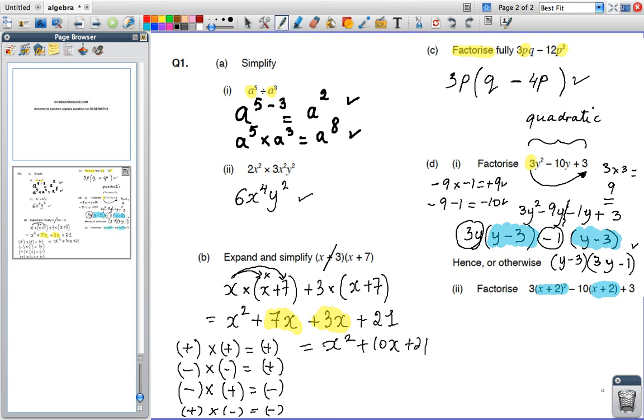So in this case, I've got the x plus 2 to the power of 1, which has the lowest power. So I'm going to take that as my factor, so x plus 2 as my factor, and then I'm going to open up another bracket, and I'm going to ask myself, what can I multiply the x plus 2 by to make it 3x plus 2 squared? In this case, I'm missing the 3x plus 2.